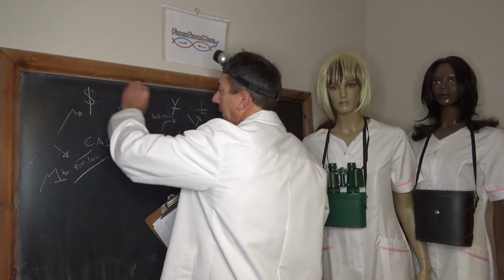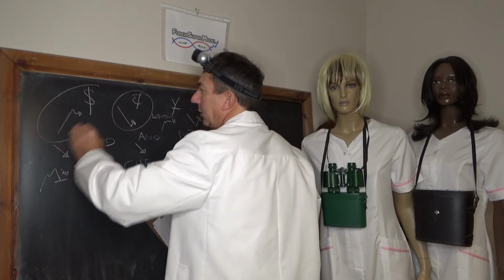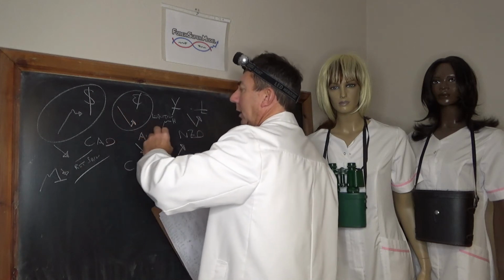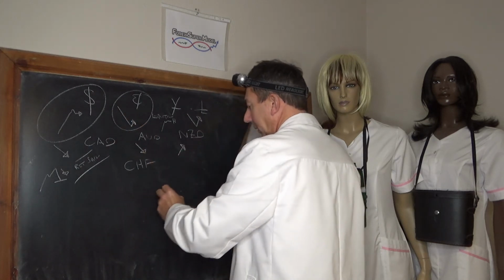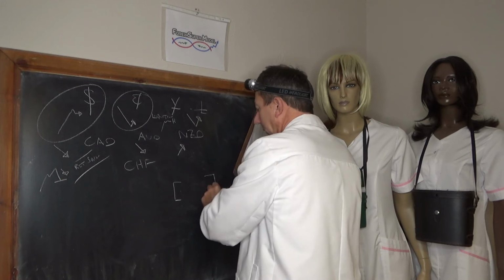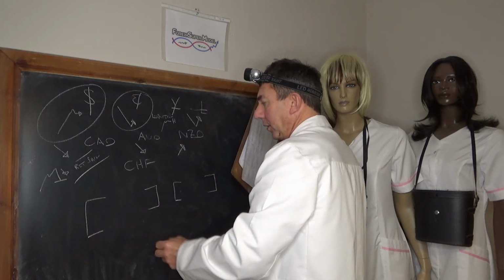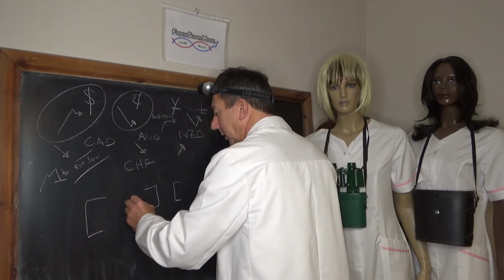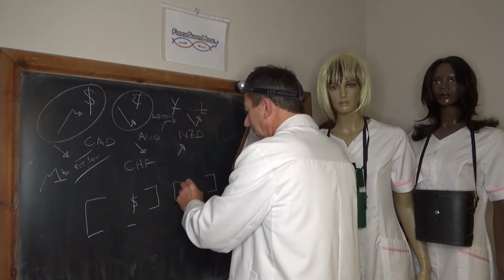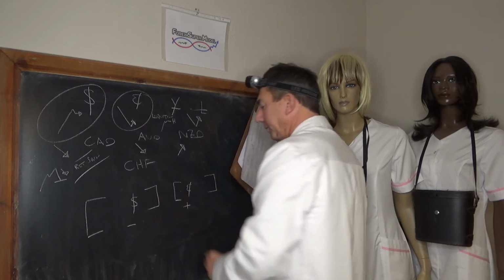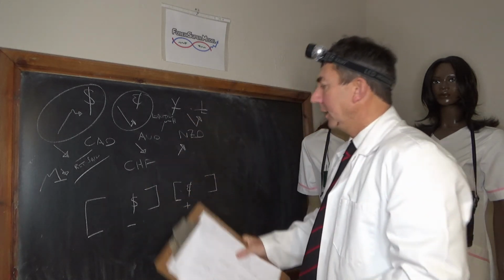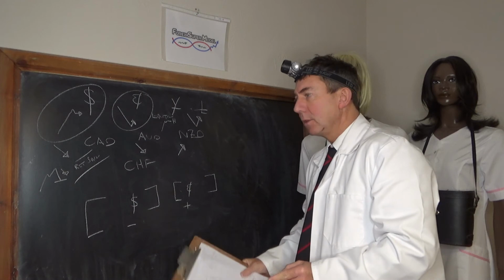So it's likely we're getting a peak in the dollar, and we're going to get a bounce in the euro. So if you look at the flows generally, you're likely to see the dollar on the negative and the euro on the positive, and then you're left with the yen and the pound.